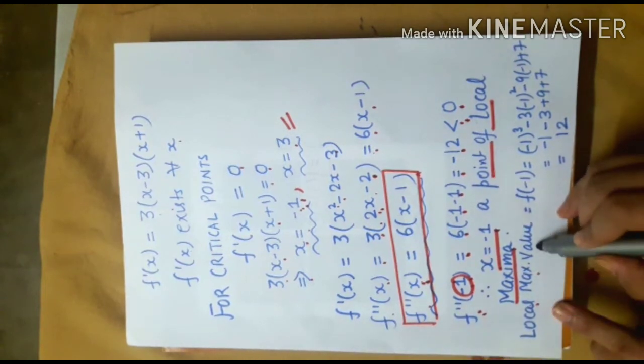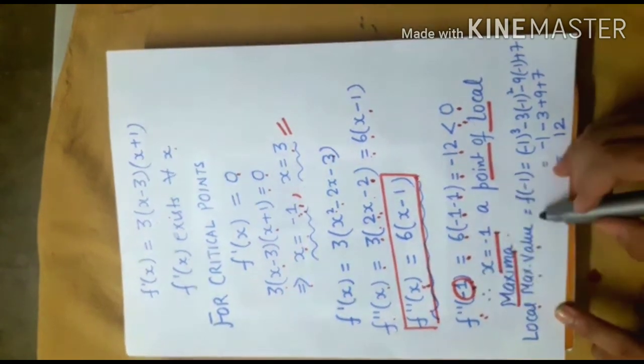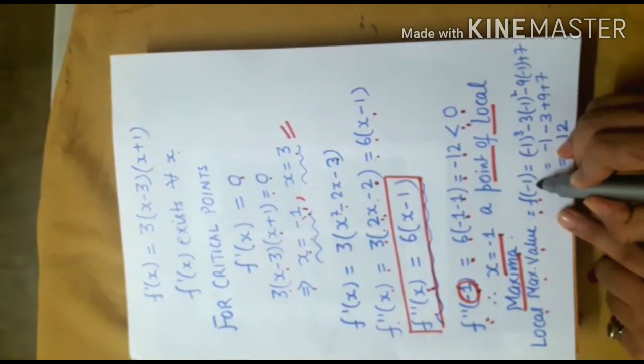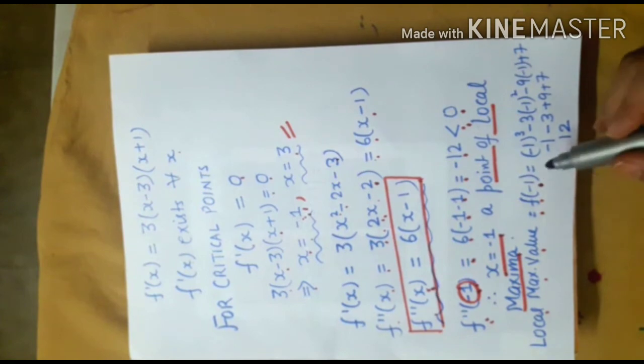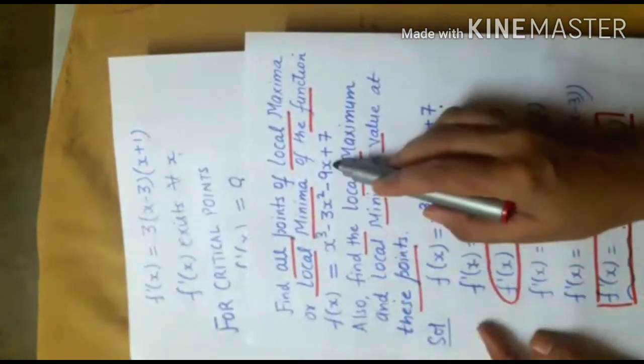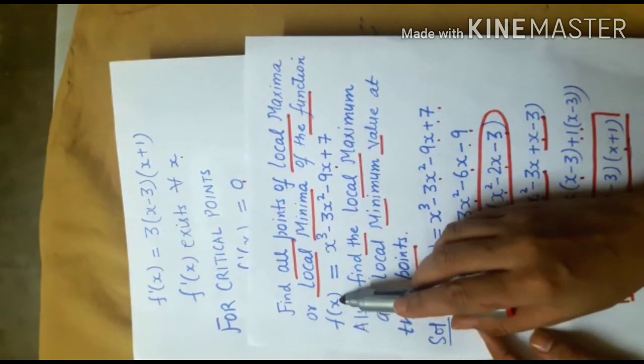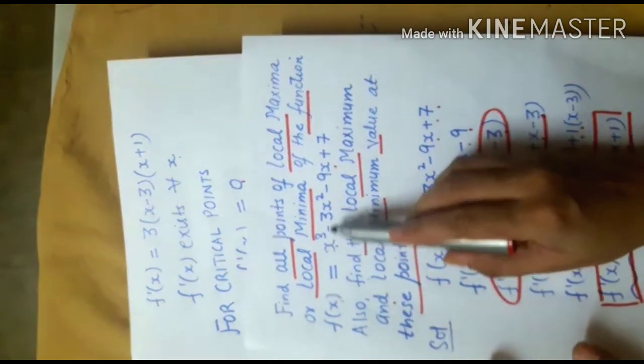This is by the second order derivative test, right? And the local maximum value at this point is given by f(minus 1), that is the value of the function f(x) at minus 1. f(x) was this. So if I have to get the value of the function at minus 1, I'll replace x with minus 1.